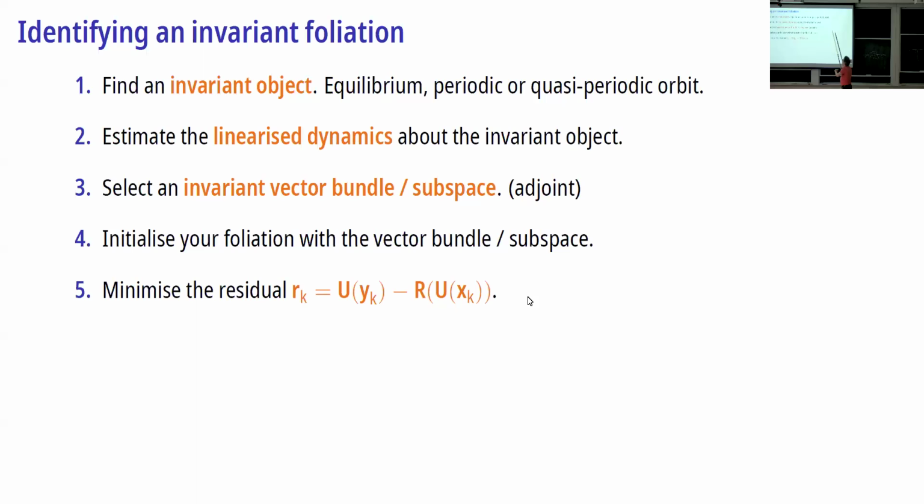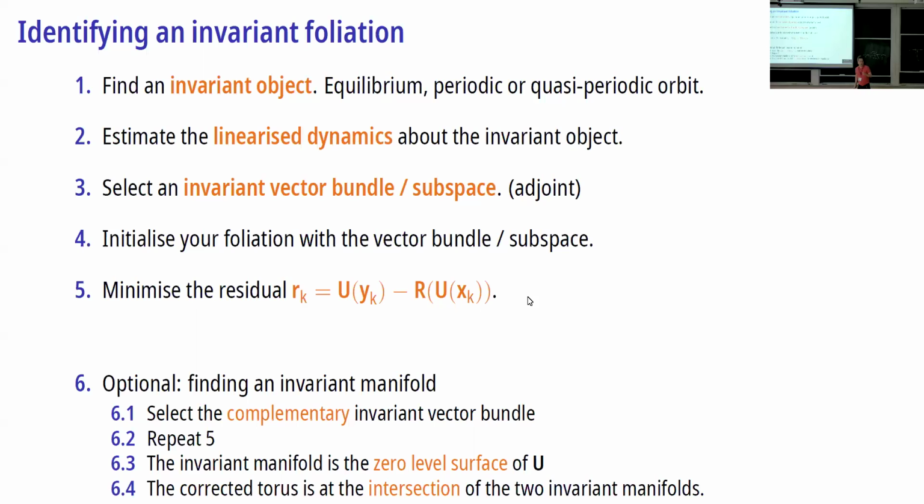Then we initialize our foliation using this selected vector bundle and minimize the residual of the invariance equation, right? So you can see that there's a choice here in terms of which vector bundle you're choosing, and that will tell you what is resolved in your foliation. You can make different choices, and then you can resolve the whole dynamics if you want to, with many foliations if you like.